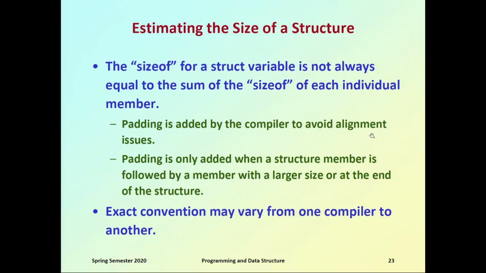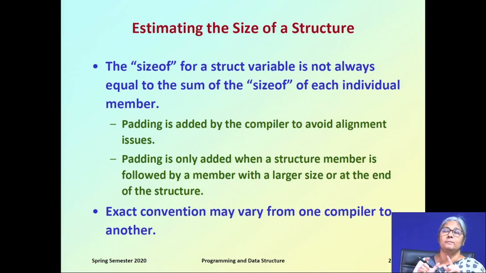So, padding is added by the compiler to avoid alignment issues, because whenever we declare a variable, we actually reserve space in memory. From the first day only I am repeatedly telling this thing. So, it will reserve 4 bytes for an integer, and if one variable in the structure is defined as a double, it will take 8 bytes.